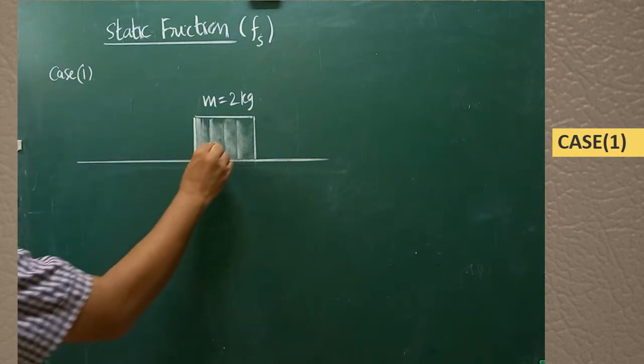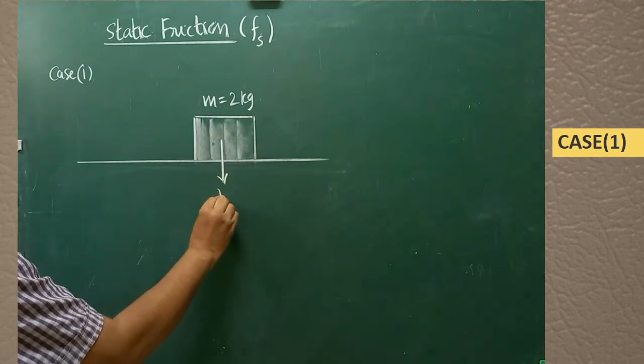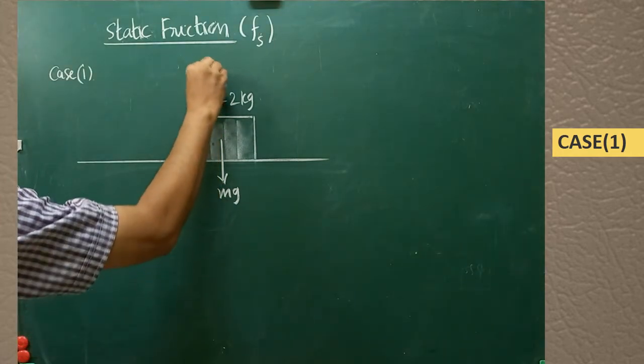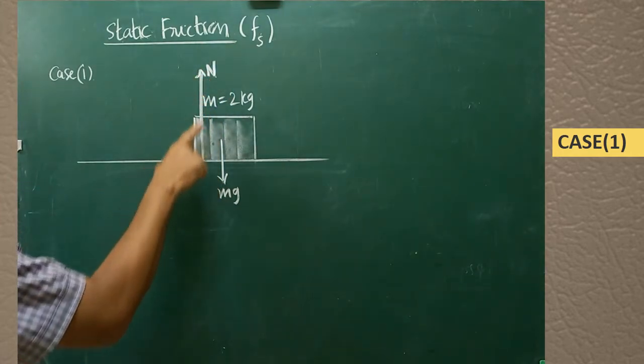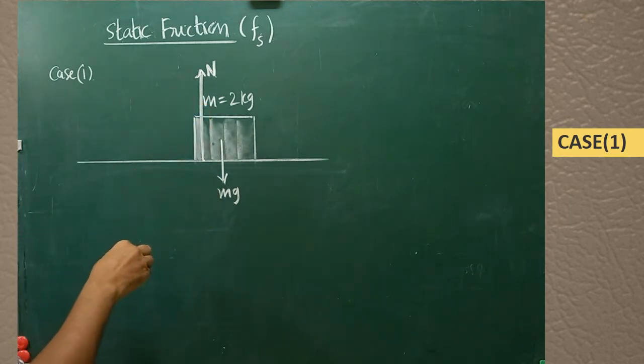How to calculate it? Two forces are acting on the body. One is the gravitational force mg and the other is the normal reactional force, called N. Are you clear? N is the normal reactional force, mg is the downward gravitational force.